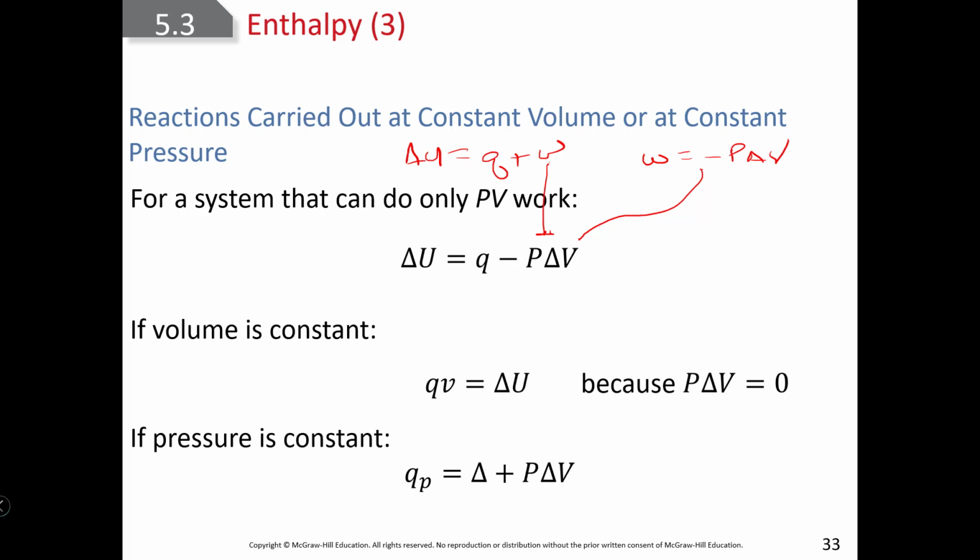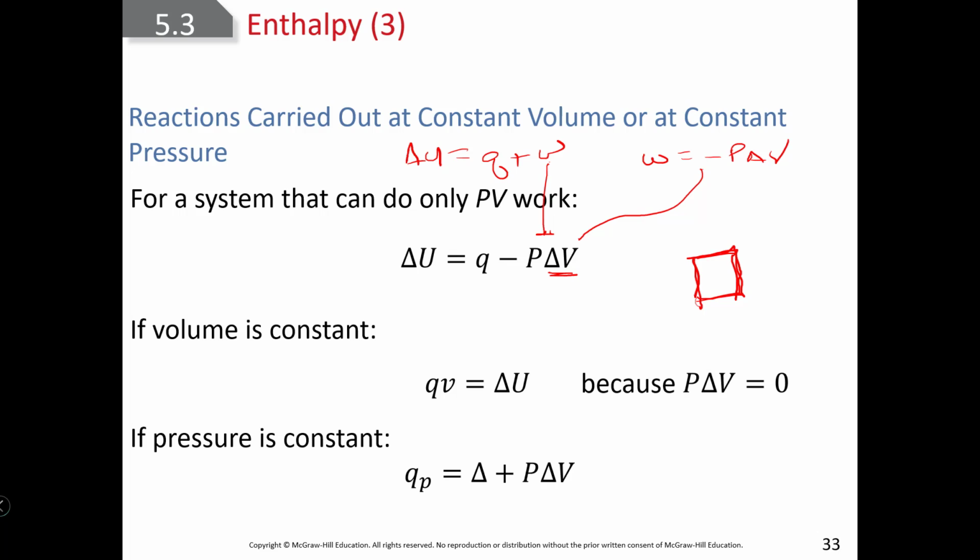All right? So if the volume cannot change, we put the reaction in a container whose volume is fixed and it cannot change. This becomes a constant. All right? That becomes a constant. And so then what we have is Q at constant.